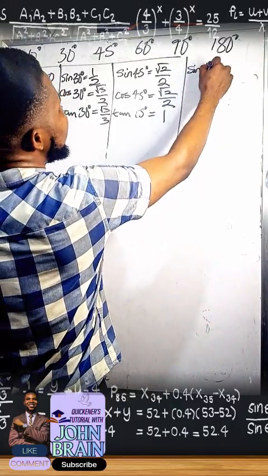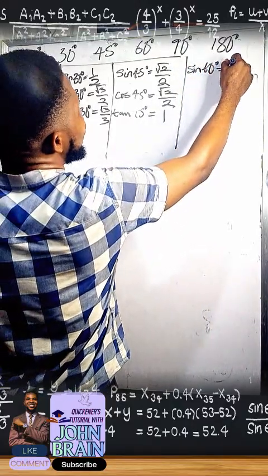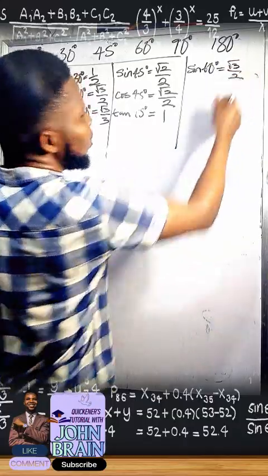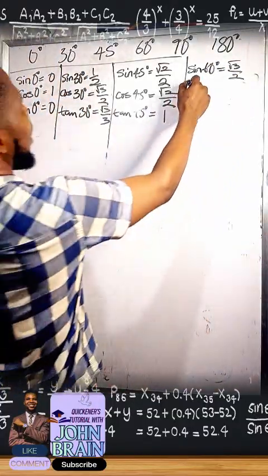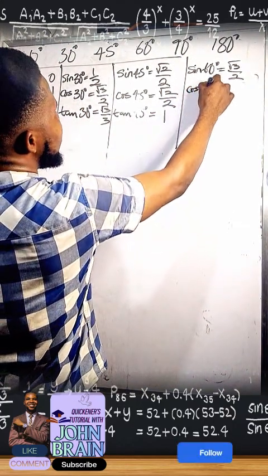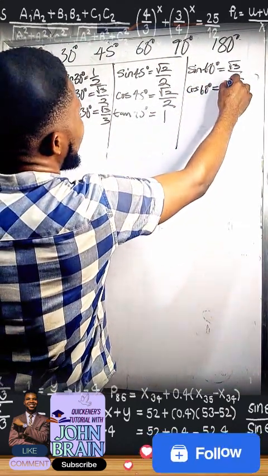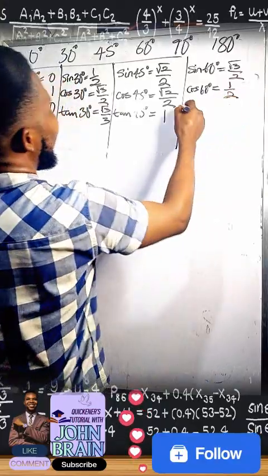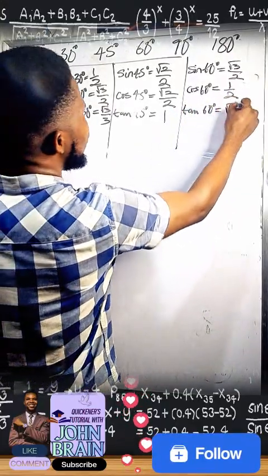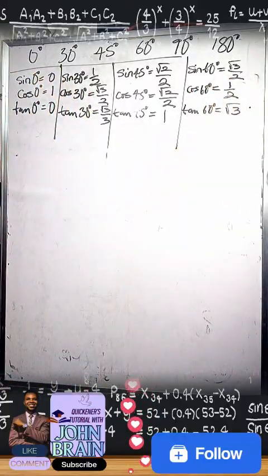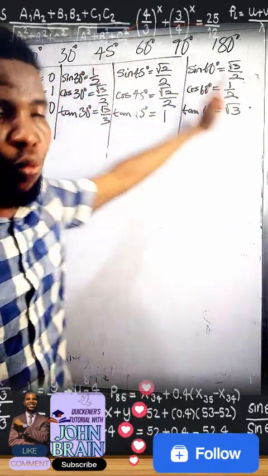Sine 60 degrees is root 3 over 2, that is 0.8660. Cos 60 degrees is 1 over 2. And tan 60 degrees is root 3. Basically, these are the angles we need.